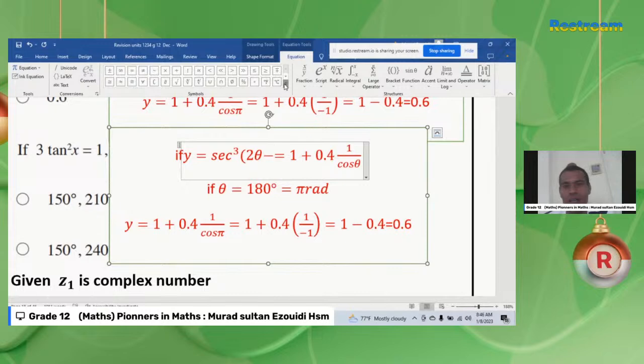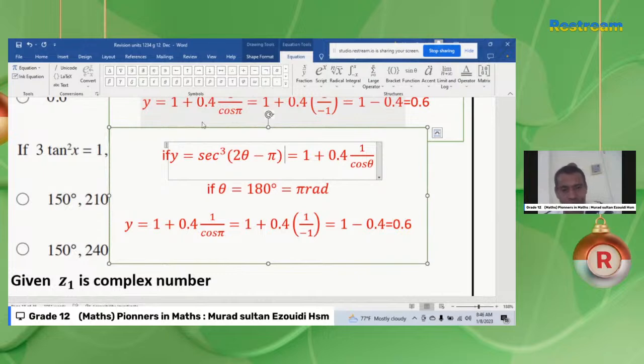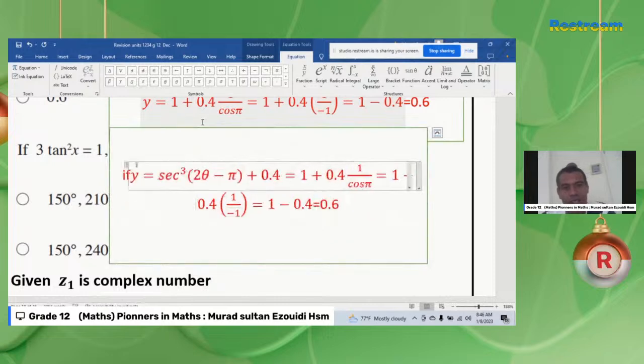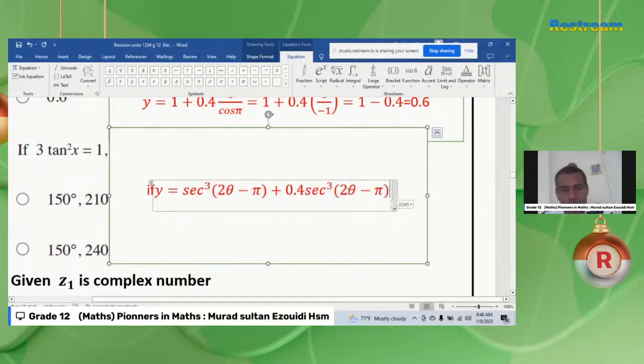I will try to put pi here. Then I will close the parentheses, plus 3, plus, for example, plus 0.4 cosec squared, or sec to the power 2, for example, of theta plus pi.